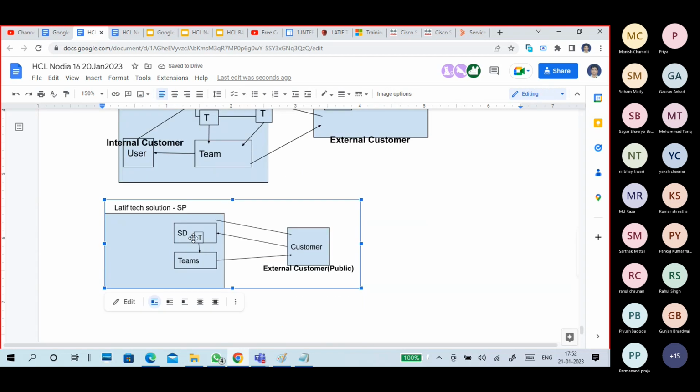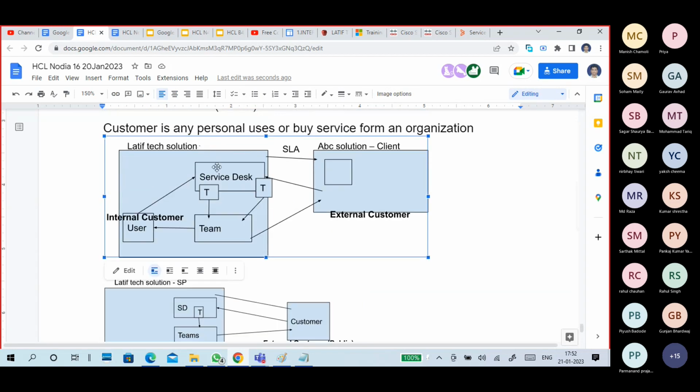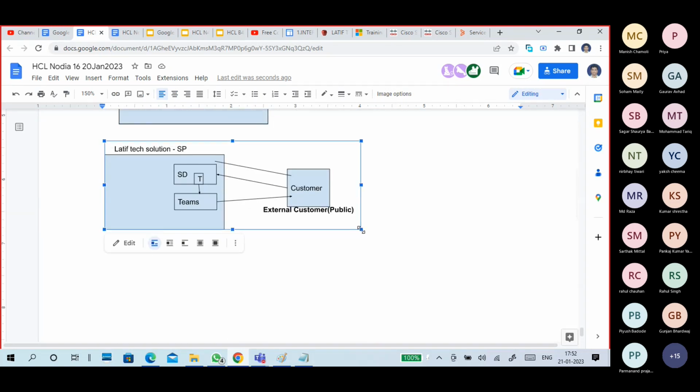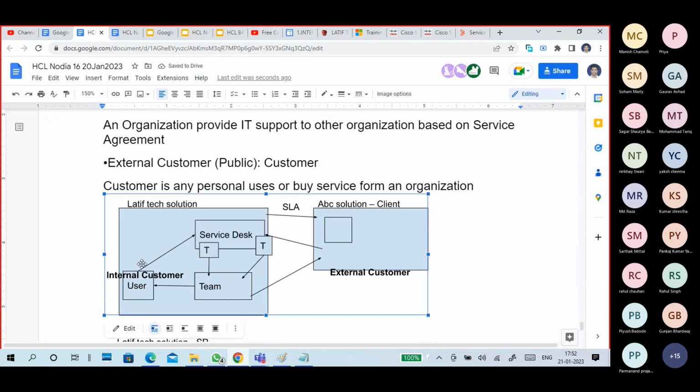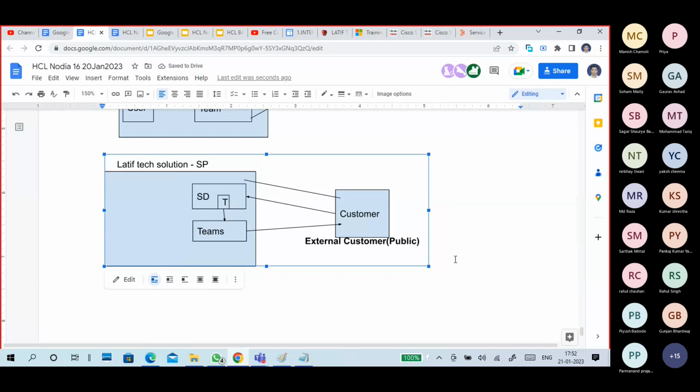This is a small one. Internal customers and external customers.